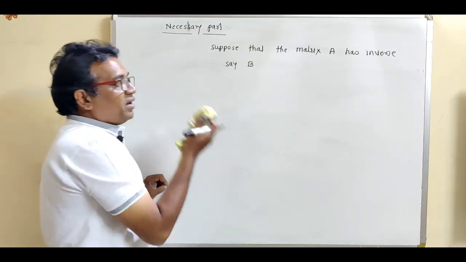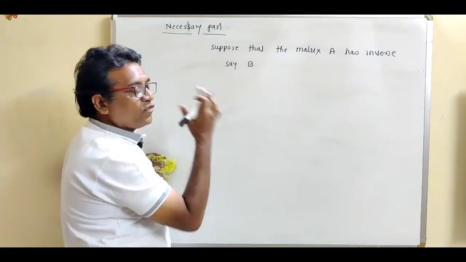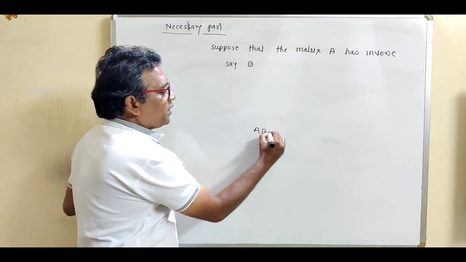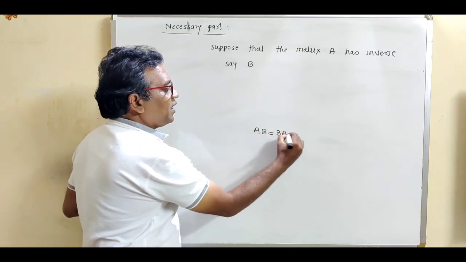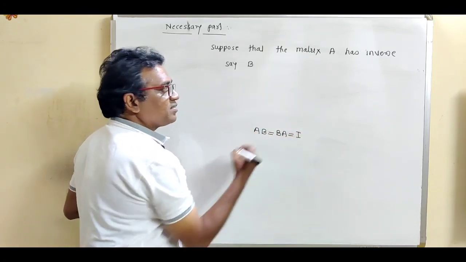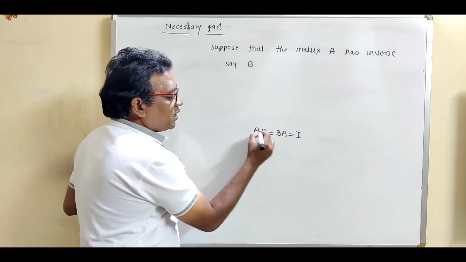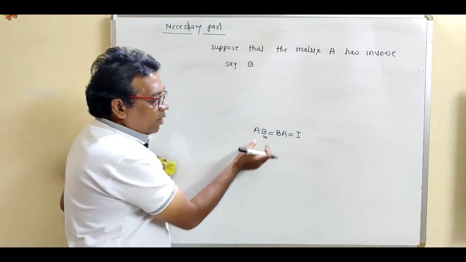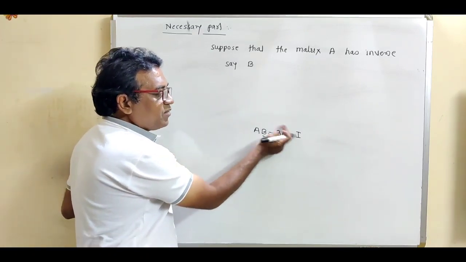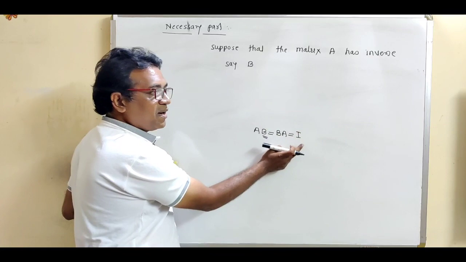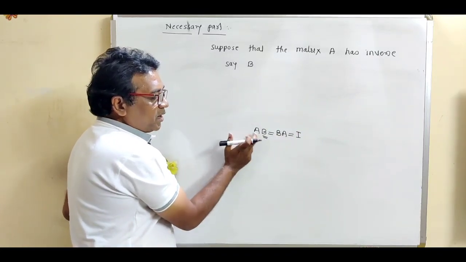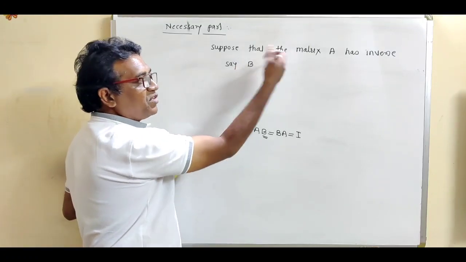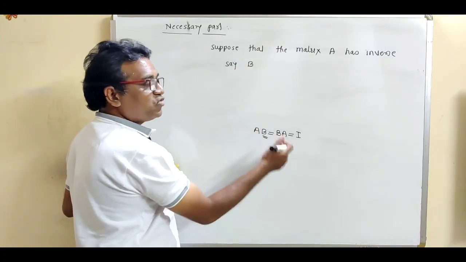Now see, just now we have written the definition of inverse. What is the definition of inverse? If the product AB is equal to BA is equal to identity matrix I, then this B is called the inverse of A. Now we have written here that B is the inverse of A. That means we can use the definition of inverse.